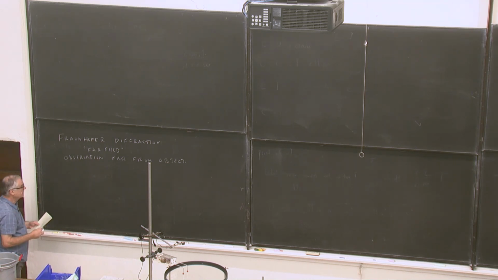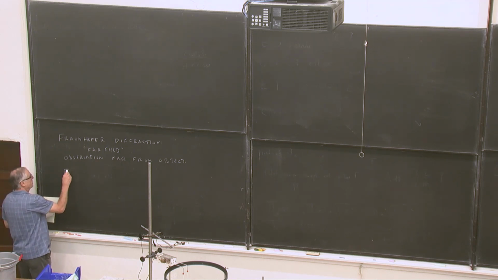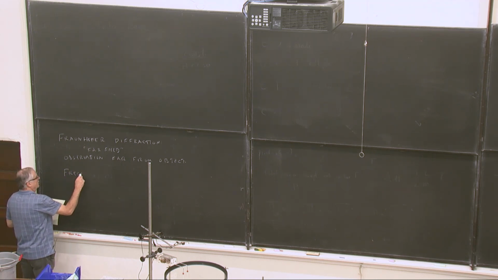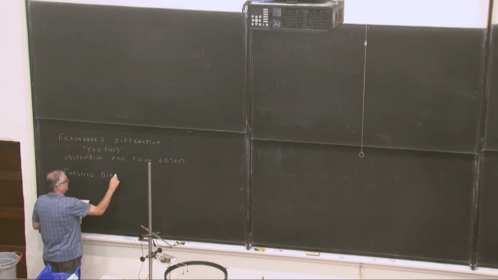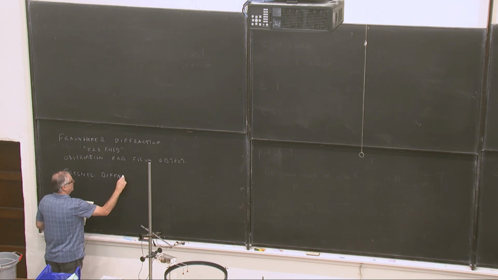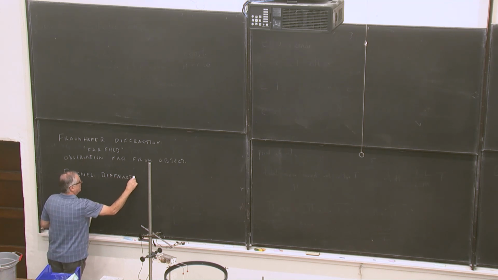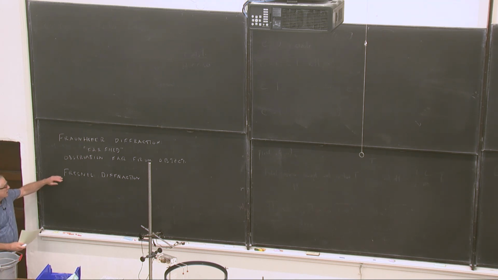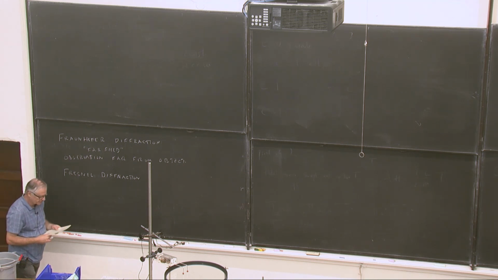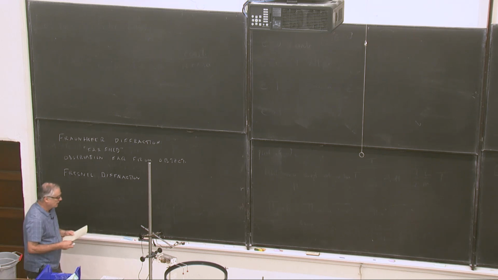If we relax that assumption and go closer, we get what's called Fresnel diffraction. So Fresnel diffraction is also an approximation on the exact case, but it's not as great an approximation as the Fraunhofer diffraction, and we can get a different dependence.